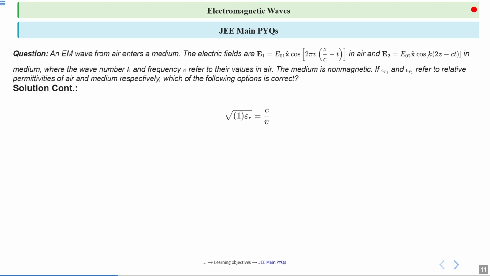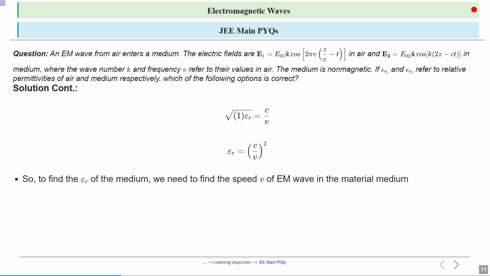So root epsilon r will be equal to c upon v, so epsilon r will be equal to c upon v whole square. So to find the epsilon r of the medium, we need to find the speed v of the EM wave in the material medium.